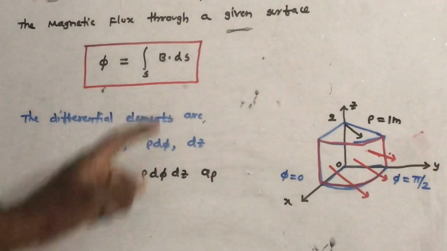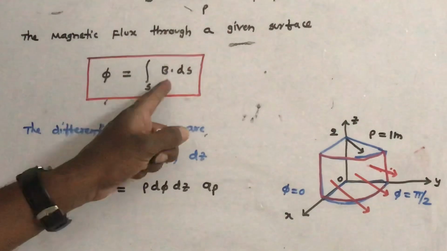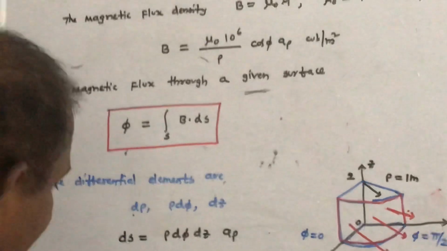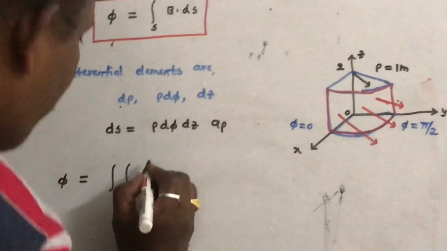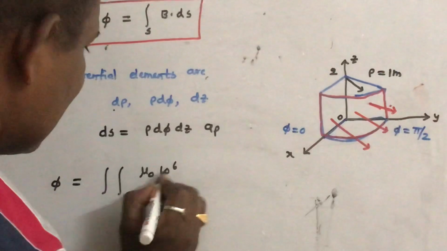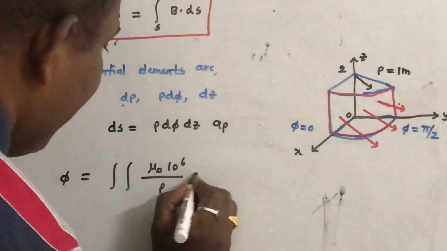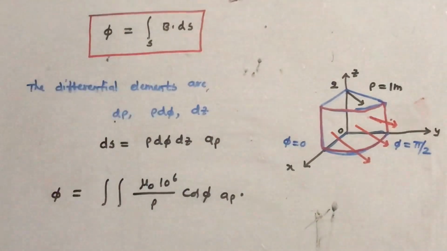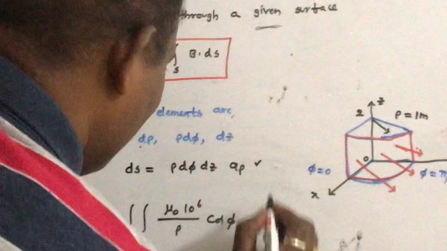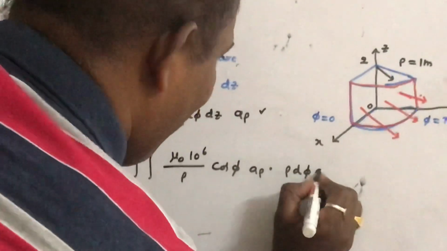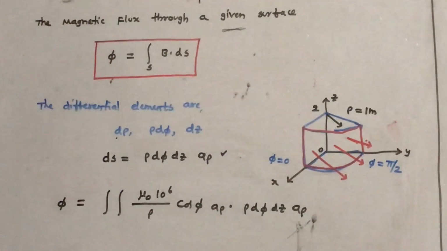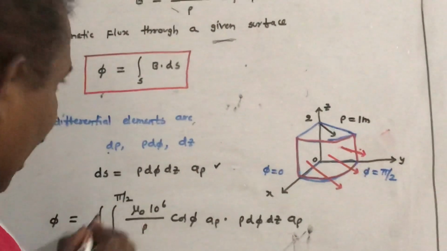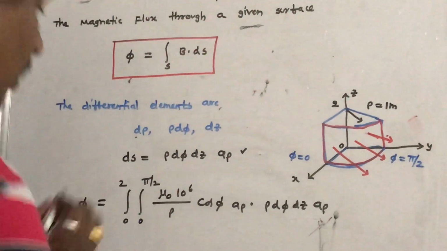We substitute this ds and B in the formula. The magnetic flux passing through the given surface involves two integrations. B is mu 0 into 10 to the power 6 by rho into cos phi a rho, dot product with ds, which is rho d phi dz a rho, where phi varies from 0 to pi by 2 and z varies from 0 to 2.